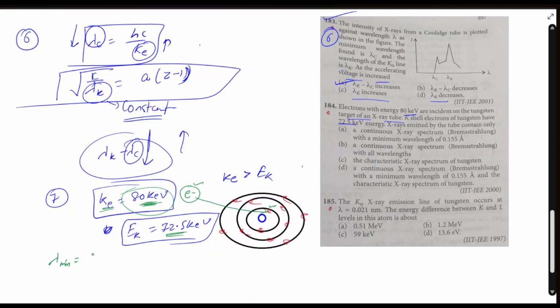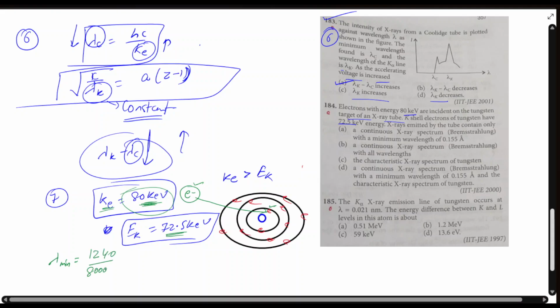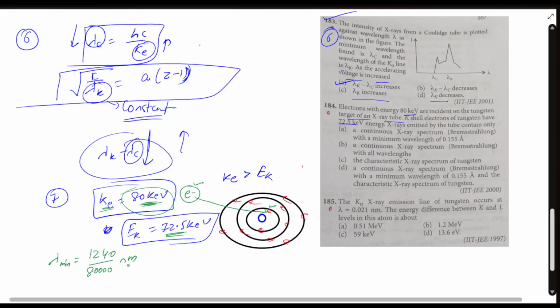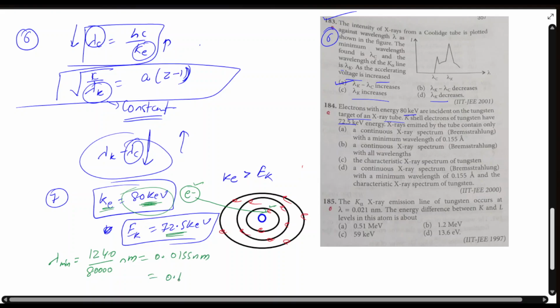It will be hc, so 1240 upon 80,000, and this will be in nanometer. Using the calculator, 1240 divided by 80,000 gives 0.0155 nanometer. So it will be 0.155 angstrom. This will be the minimum wavelength which is possible.